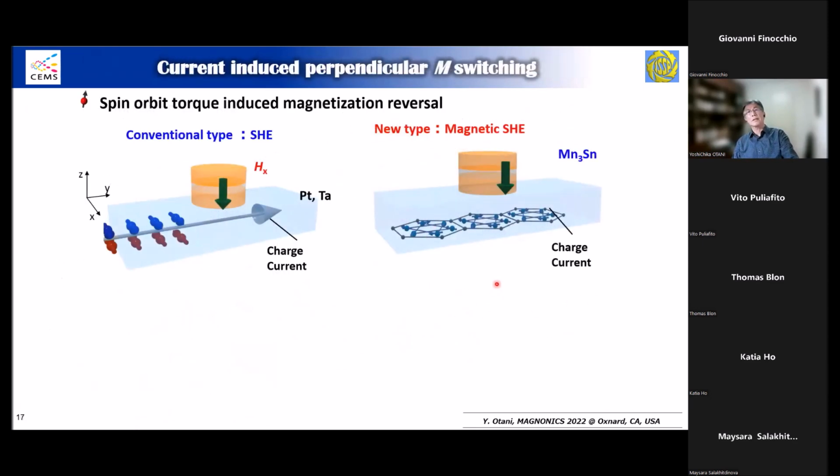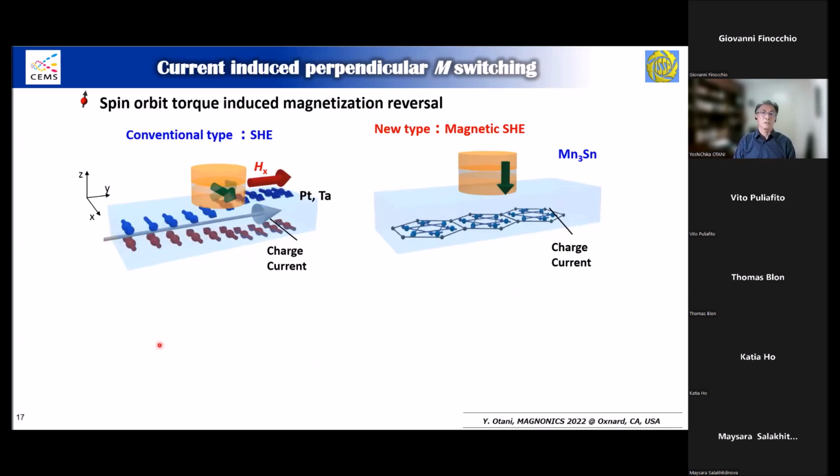What I can propose, though we haven't demonstrated it yet, is this: in the case of platinum or tantalum, you use a charge current, which creates the spin accumulation at the surface and drives the spin current in this way, and then you can flip the magnetization.